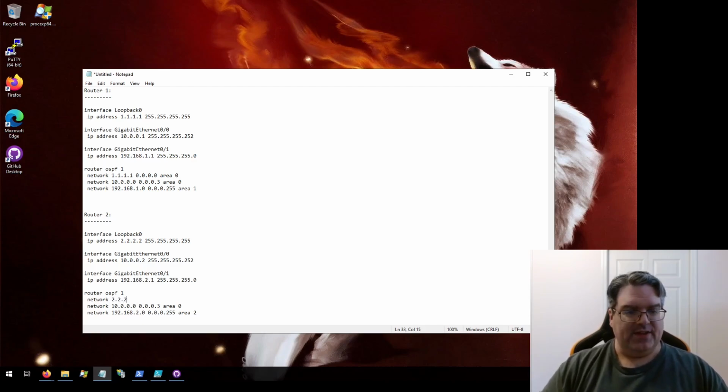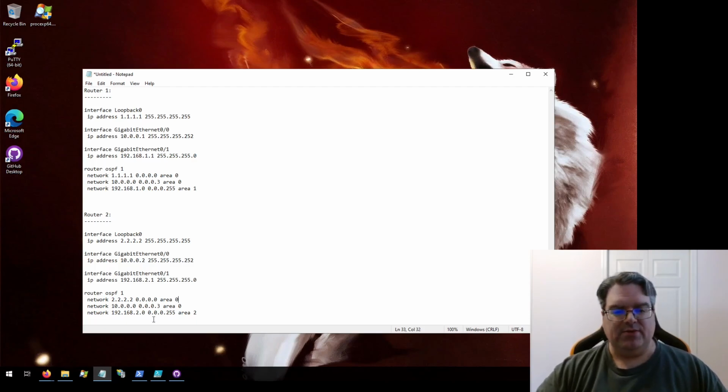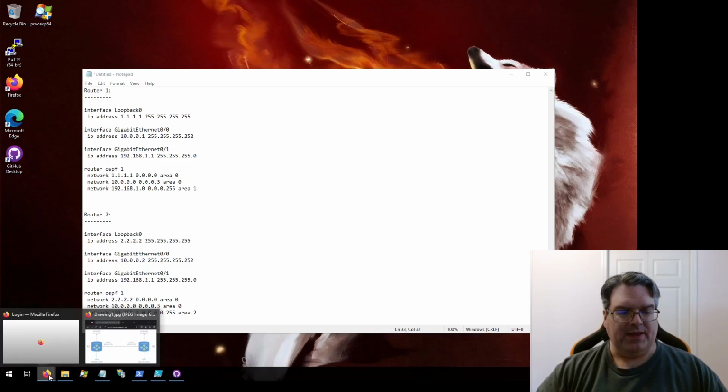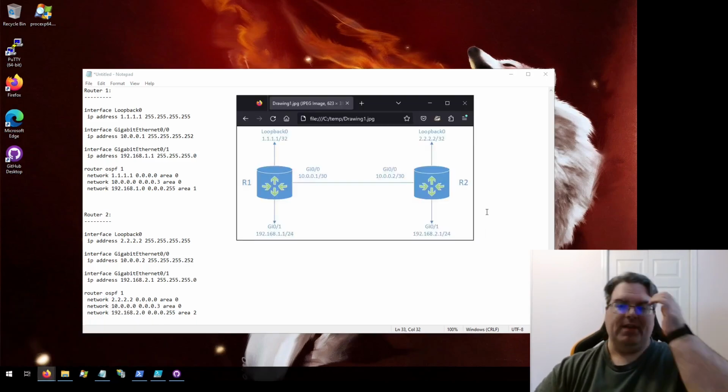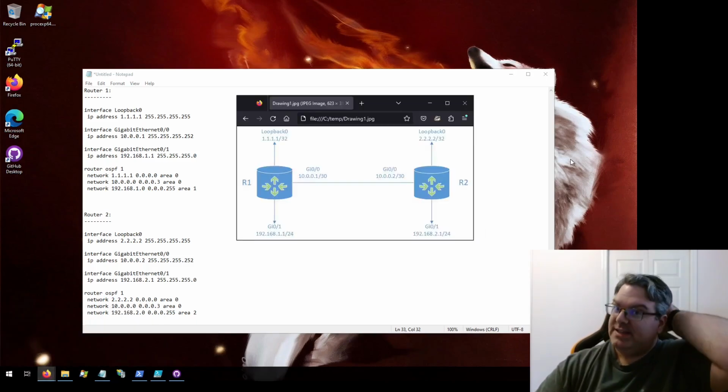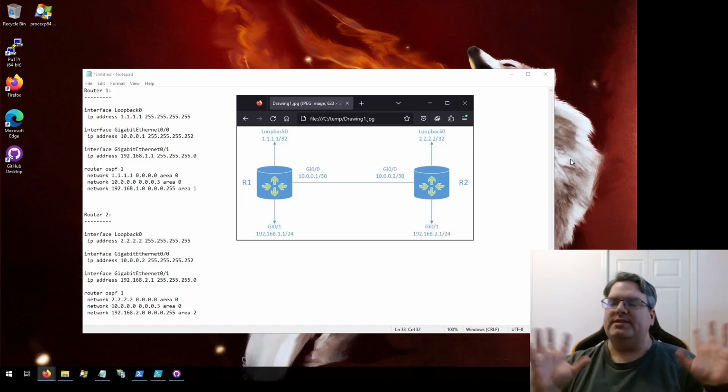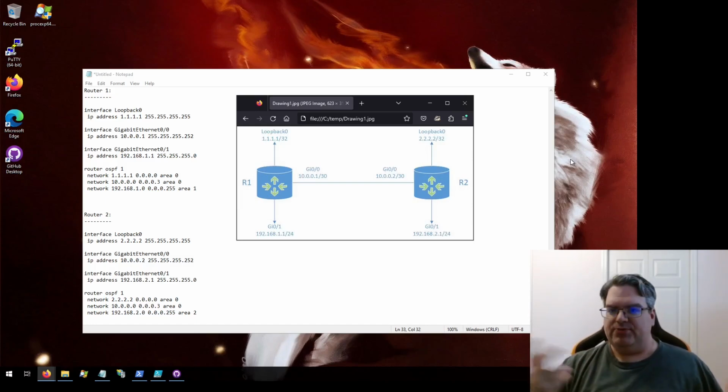Because again, if it's not mentioned here, then OSPF is not going to make use of it, and it's not going to advertise it. There are ways that you can do things like route redistribution. Again, an advanced topic I'm not going to get into today.